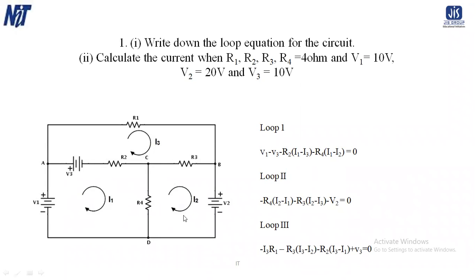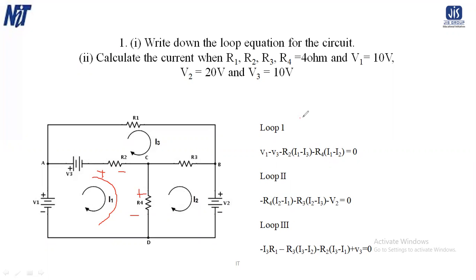here for loop 1, if you are asked to develop the equation, then as per the concept which I just shared with all of you, the current is rotating in this way. So just consider plus, minus. Let me show you the way.